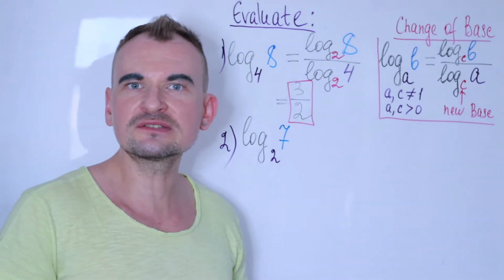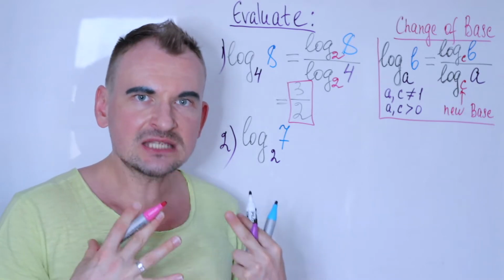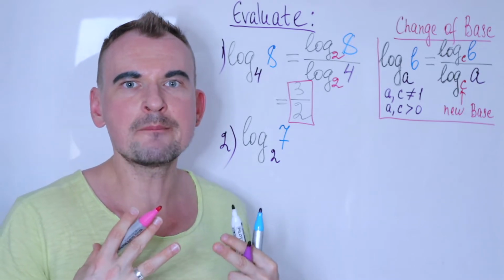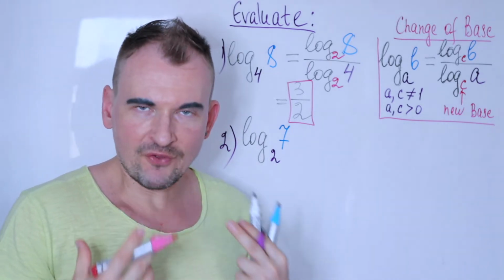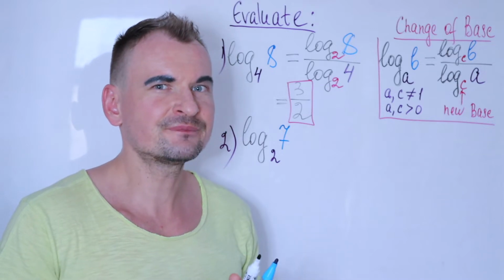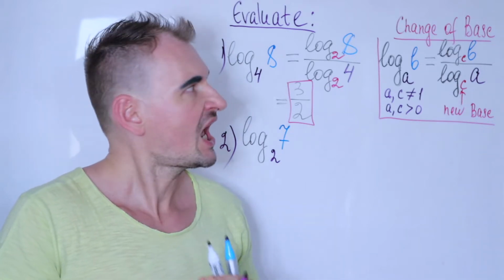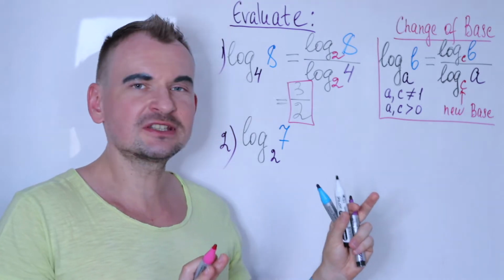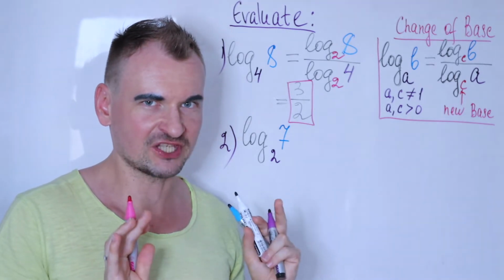To be honest with you, I can't think of a neat integer that would work for that logarithm. So you need to try another technique. And at this point, change of base is your best friend.